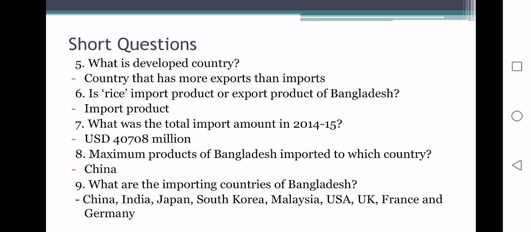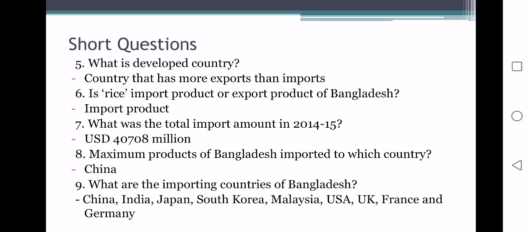The next question is, what is a developed country? In the world, there are some countries who are considered as developed countries. Again, there are some countries who are considered as developing and underdeveloped countries. For being a developed country, a country has some reasons behind it.